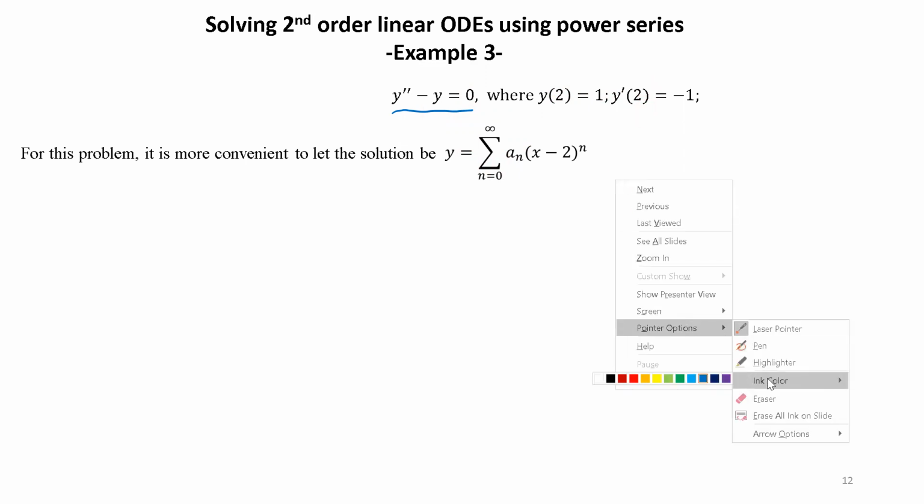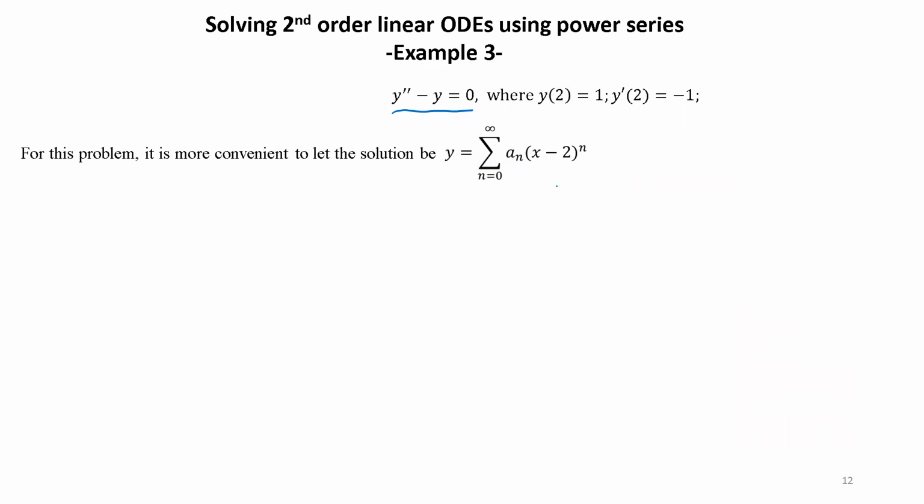We just use the same procedure, right? So although we have this x minus 2 instead of x, taking the derivative of x to the n is almost the same as taking the derivative of x minus 2 to the n, right? So then I have this y prime, which is just equal to, term by term differentiation, a factor of n down here, and then x minus 2 to the n minus 1.